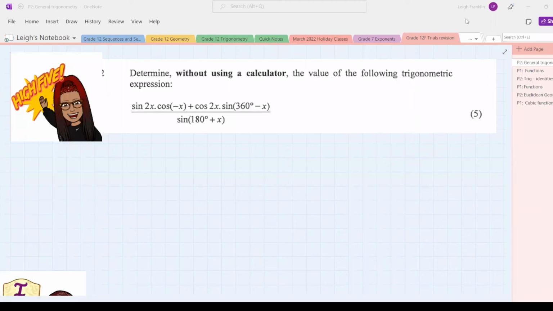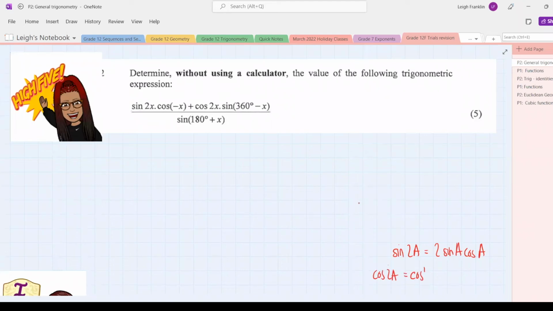Ma'am, can you write down the formulae for the double angle? Yes, I was actually going to say maybe that's something that you guys would need. So if you recall, sine 2a is 2 sine a cos a, and cos 2a can be written in 3 different ways.